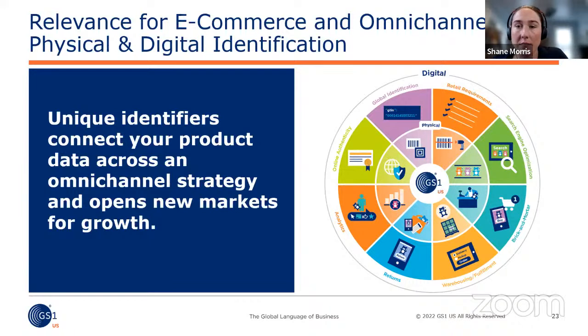So global trade item numbers are globally interoperable, meaning you can license them here at GS1 US, and you can use them globally anywhere you want. The only thing to keep in mind is depending on the type of product, you might create a slightly different variant for a different market, right?